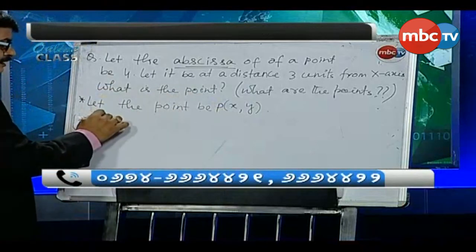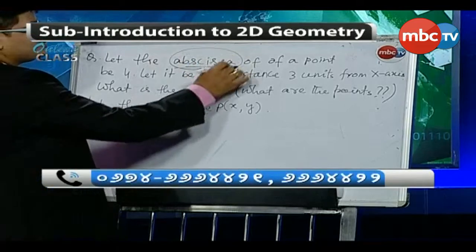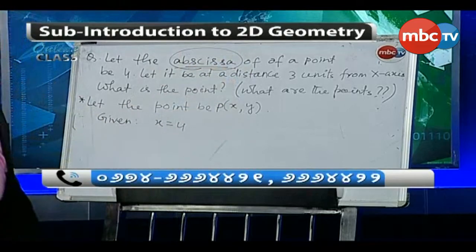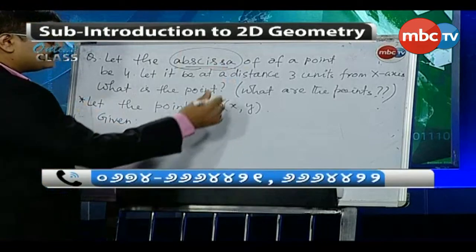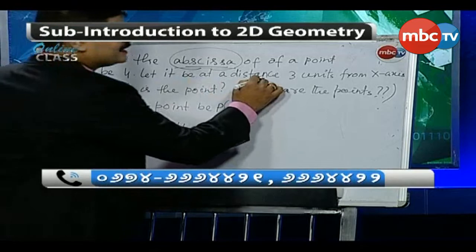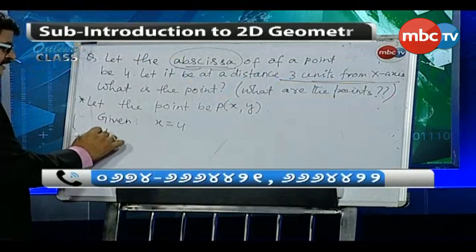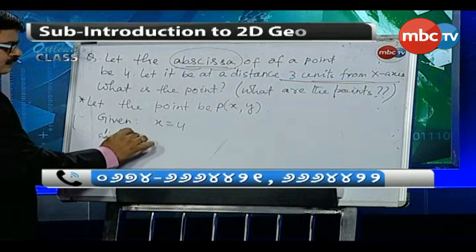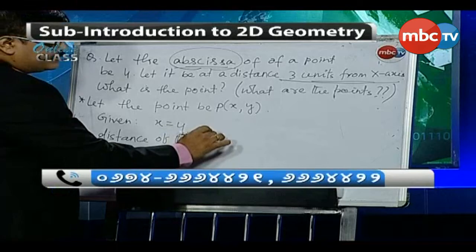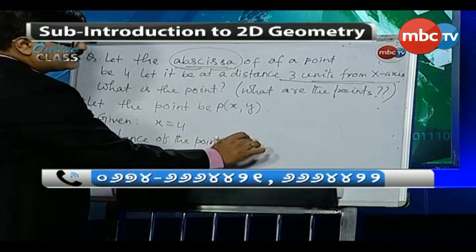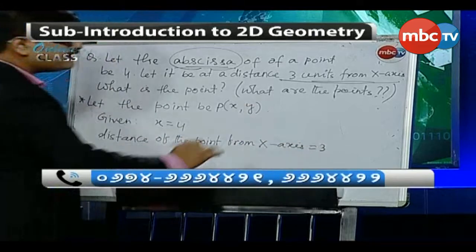So given x is equal to 4, because abscissa means x coordinate, so x coordinate is given to be 4, and y coordinate is not given, rather it is given that the point is at a distance 3 units from x axis. Now distance of the point from x axis is equal to 3, it is given.